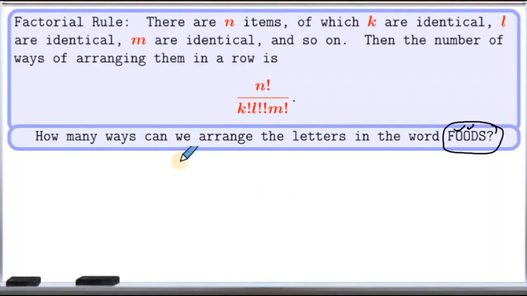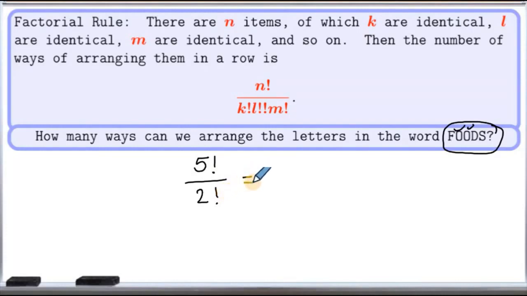Here n is 5, so we have 5 factorial over 2 factorial, because we have 5 letters in the word foods, and 2 factorial because there are 2 letter O's that are identical. So we can have different rearrangements of these letters in 5 factorial over 2 factorial ways.